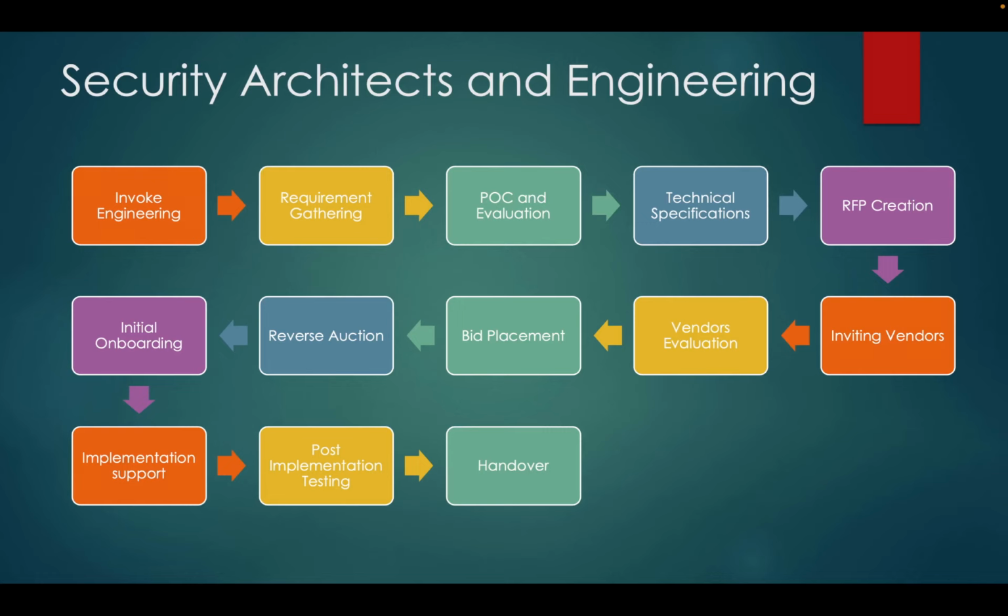Once you have that POC done, there will be some evaluation, obviously with evaluation criteria behind it. Once that's done, you start noting down the technical specification, like what sort of features are actually expected.